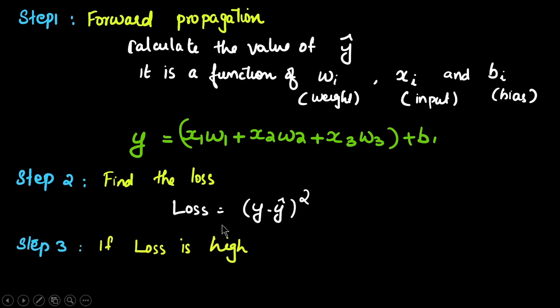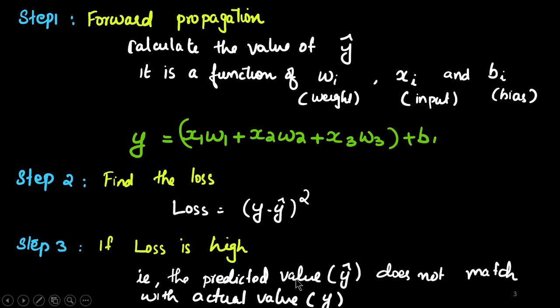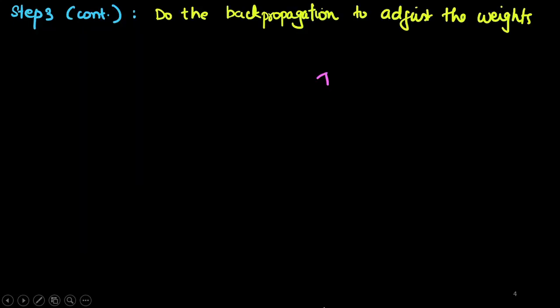If the loss is very high, that means the neural network is not giving the expected output. At that time we have to adjust these parameters, especially w and b, weight and bias. A high loss means the predicted value y cap does not match the actual value.